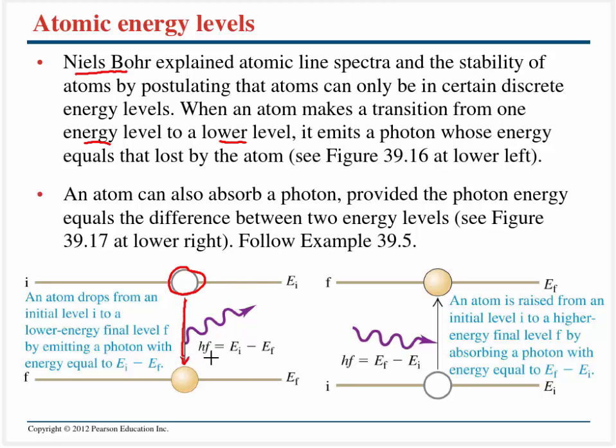It's going to drop down, and the frequency is related to the energy difference. The exact same thing applies when we have the absorption of a photon. Only a photon that has just the right energy is going to cause this electron to go from a lower energy state up to a higher energy state.